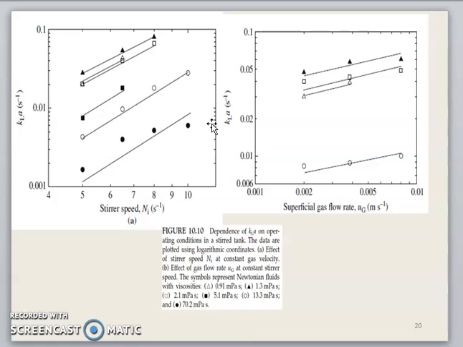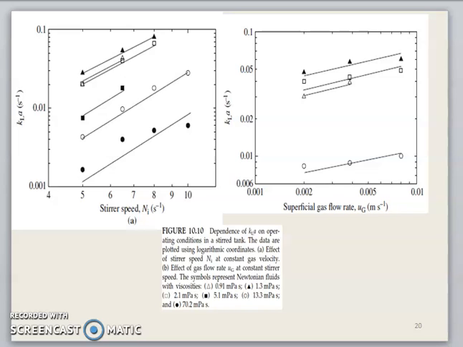However, if you look at the effect of the gas flow rate at a constant stirrer speed, there is not much significant change in the value of KLa, but somehow in less viscous fluid, the KLa is greater than that of the higher viscosity.